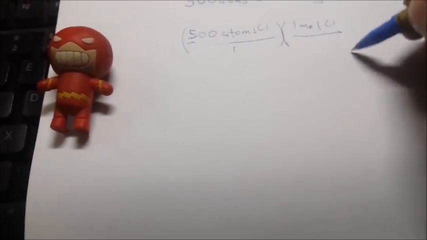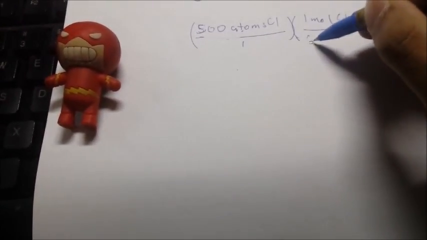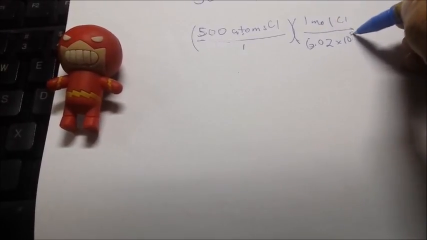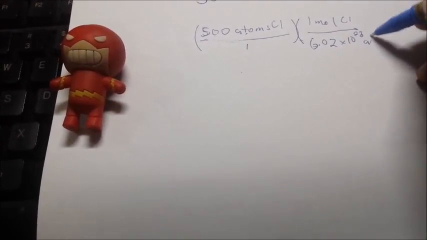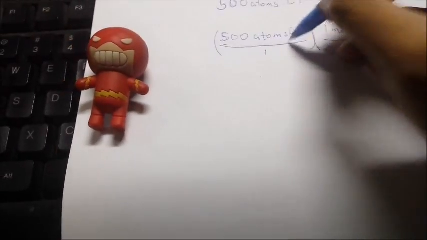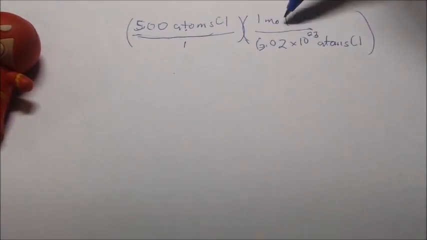So you can cancel that out, and we're gonna use 6.02 times 10 raised to the 23rd power of atoms of chlorine. But it's not yet complete, because when you cancel the atoms, it's gonna be moles.